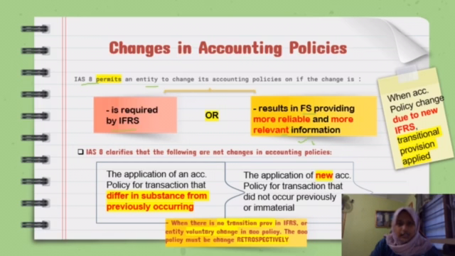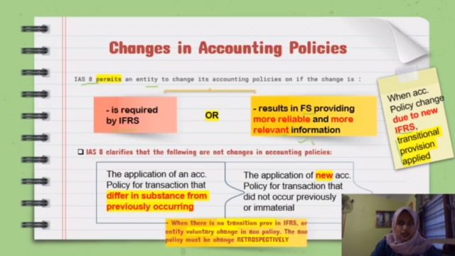But there is one thing we need to note here. When an accounting policy changes due to a new IFRS, transitional provision applies. Transitional provision here means there is a transition period to apply the new IFRS. It does not need to be applied instantly.